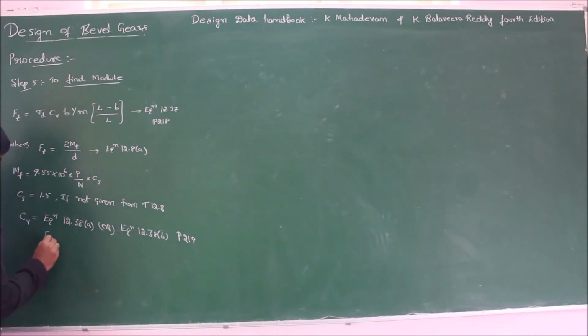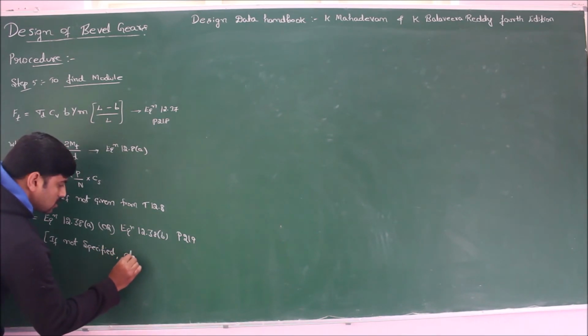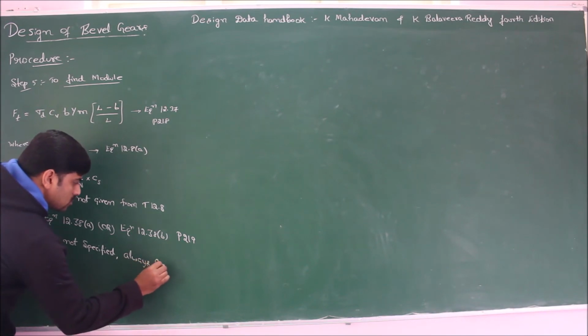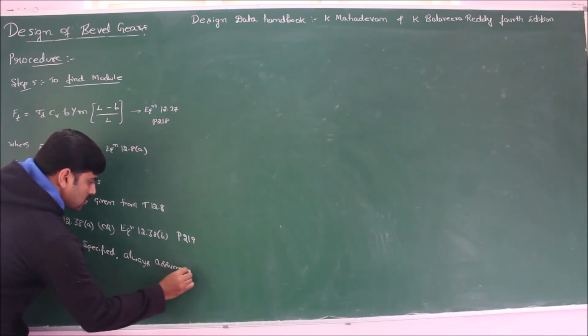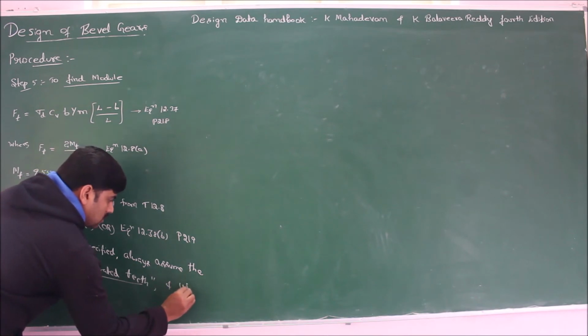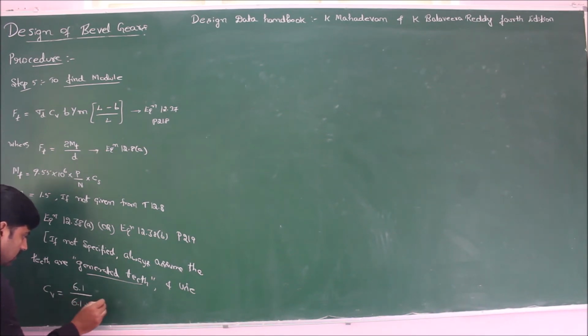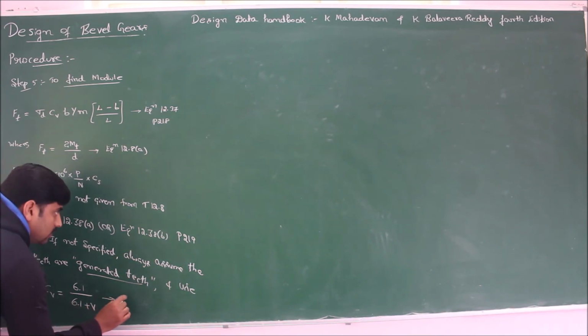If not specified, always assume the teeth are generated teeth and use CV is equal to 6.1 by 6.1 plus V, which is equation 12.38B.